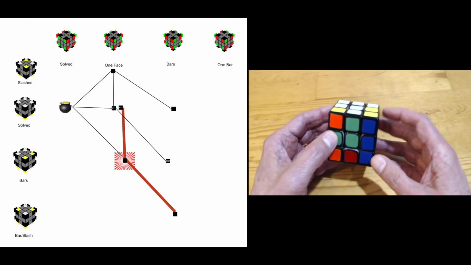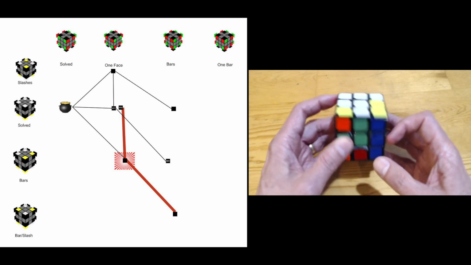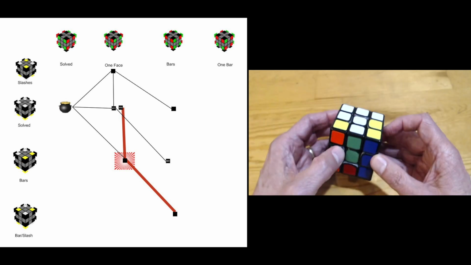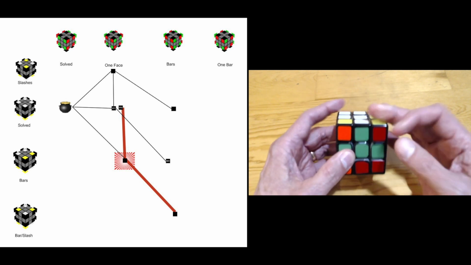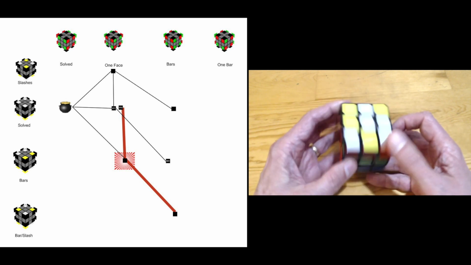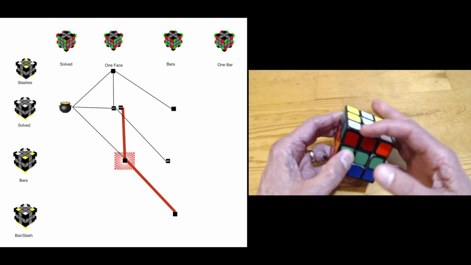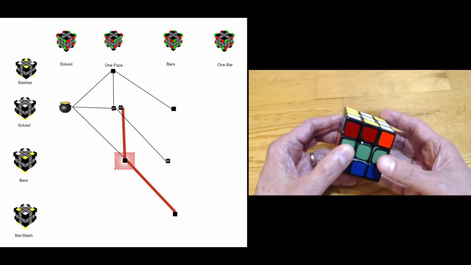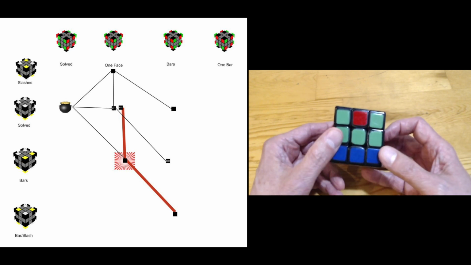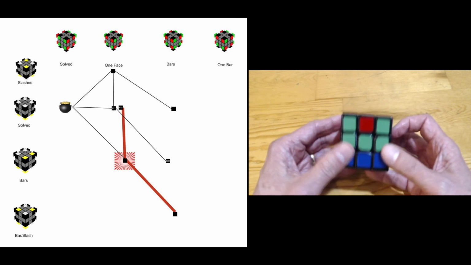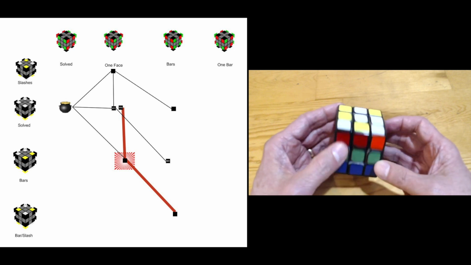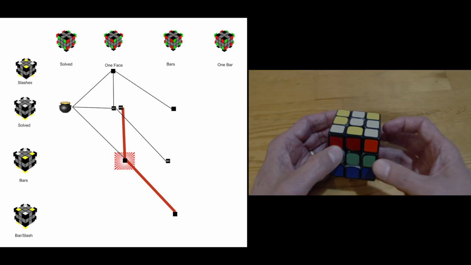Now I'm in a state where the UD stickers are solved and the FB stickers are 1 quarter turn away from solved, but this is different from the way I reached this state before, which you can see if you actually bring all the FB stickers to the top face. You'll see that I don't have all the whites on the top, which means I can't solve the FB stickers while keeping the UD stickers solved. So this is the bad way of combining those 2 UD and FB states.